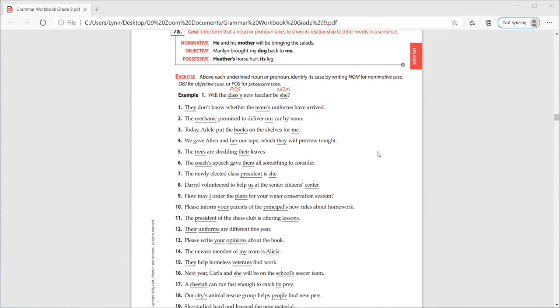Yes, Miss Lynn. They is nominative. Yes, that's correct. Number 2, our is possessive. Go back to number 1 because you have 2 in that sentence, Bamika.